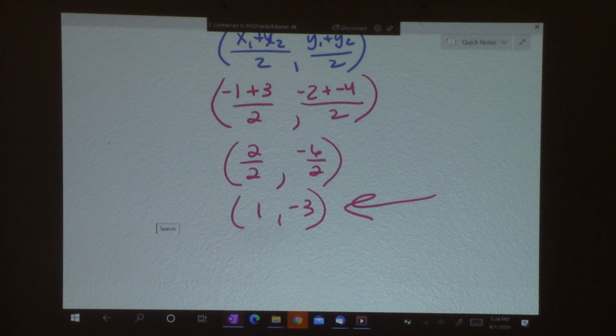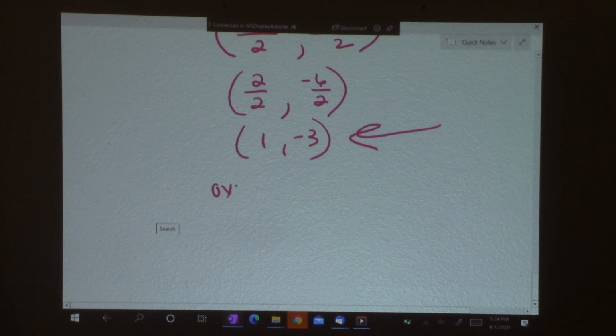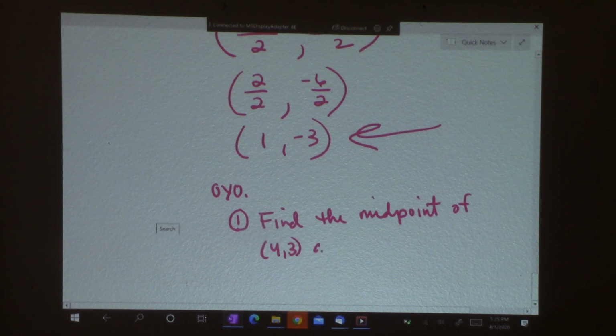Just one moment there. All right. What I want you to do is an OYO: find the midpoint of (4, 3) and (2, 5).